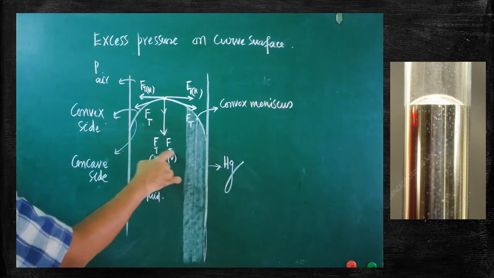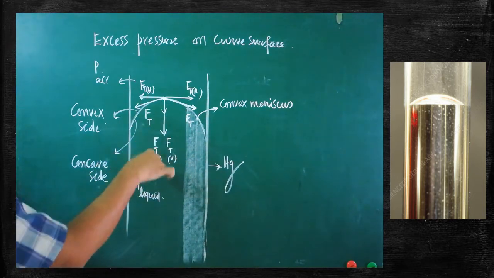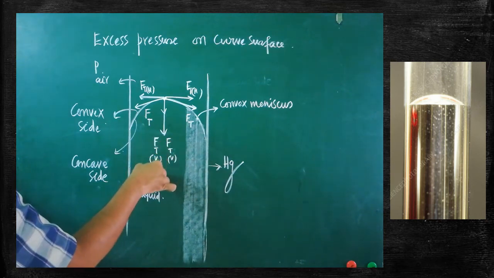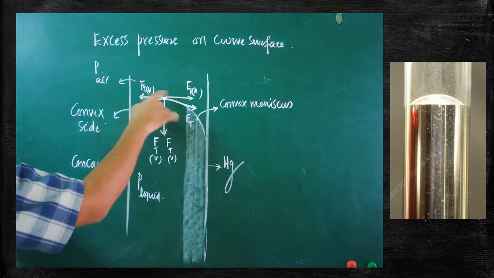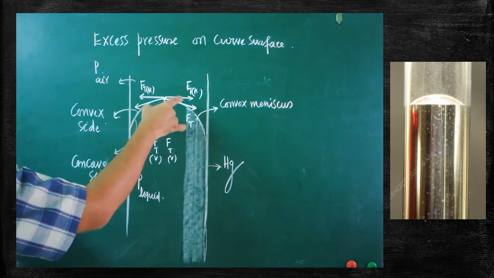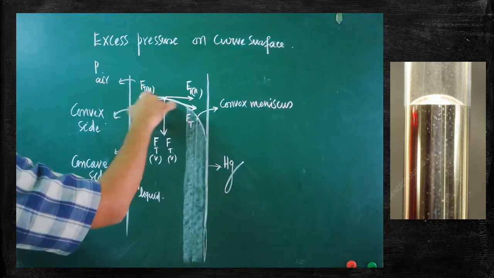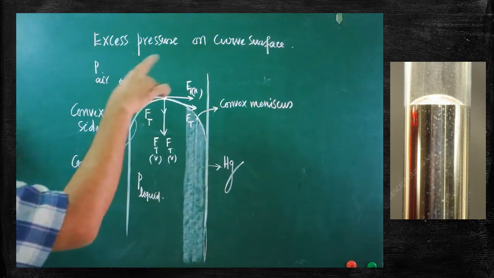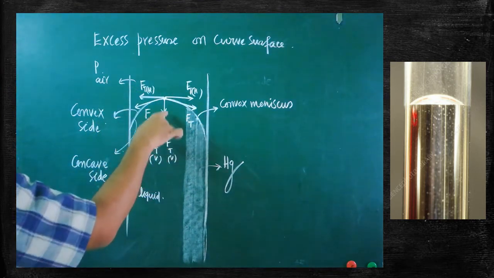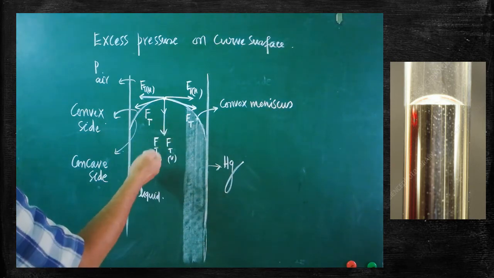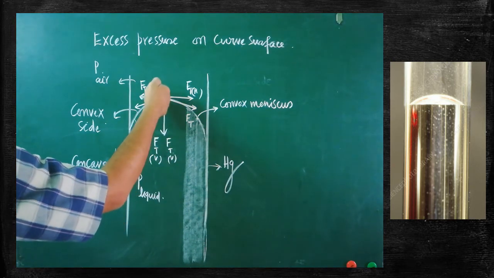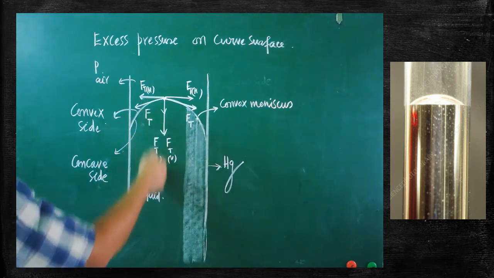These two vertical components both act on the same line and you will get the net force. But the two horizontal components are equal in magnitude and act in opposite directions. Therefore the net force along the horizontal is 0, but the net force along the vertical is there. You will get some amount of net force. Therefore there is a pull due to the vertical component.